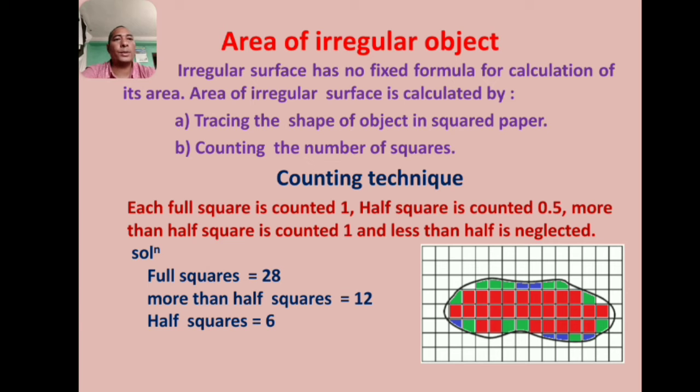Half square equals 6. Total area equals 28 plus 12 plus 6 upon 2 equals 43 square centimeter.